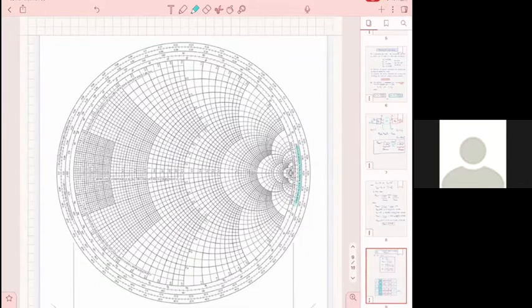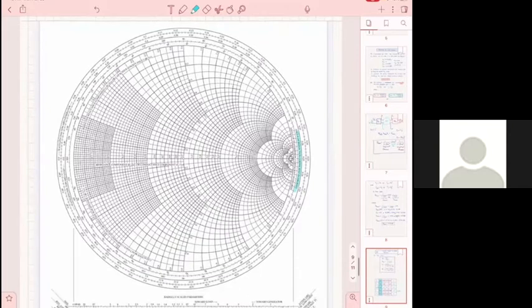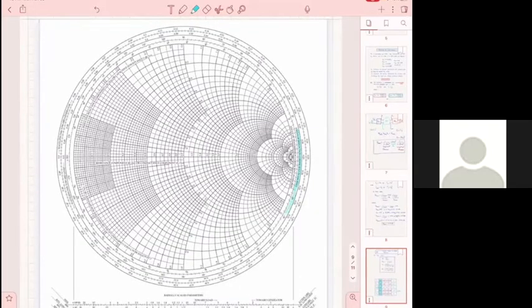Not the lower ring, because all of the values we are looking at are gamma, reflection coefficients. So you're looking at that ring. Then you will go around here until you hit -175.